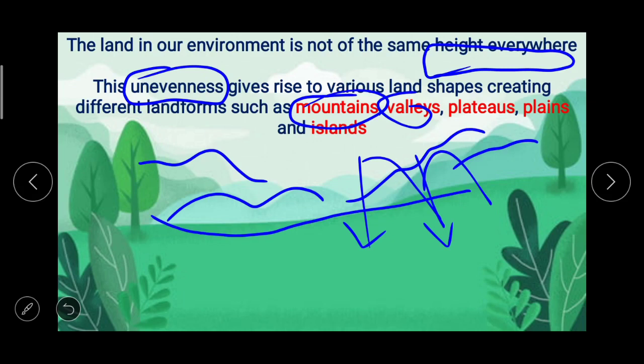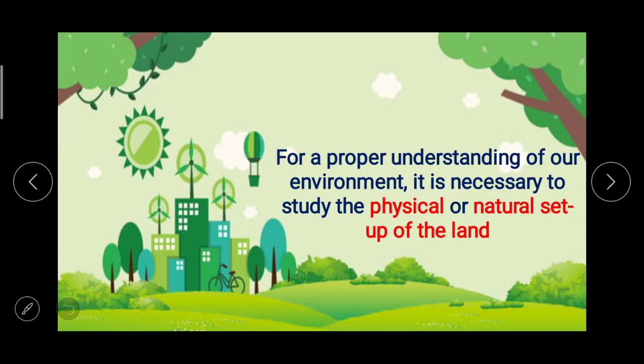Now about this, you people already studied in the third chapter, and for a proper understanding of our environment, it is necessary to study the physical or natural setup of the land.